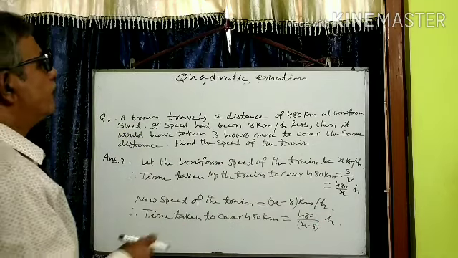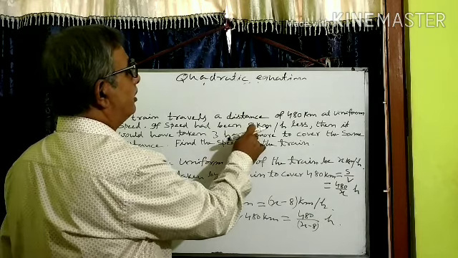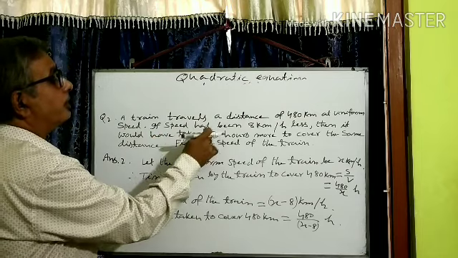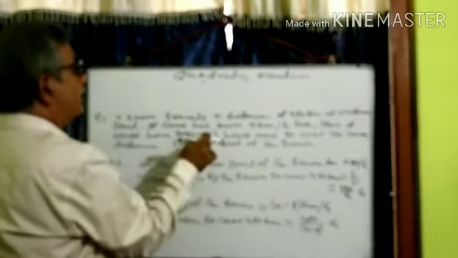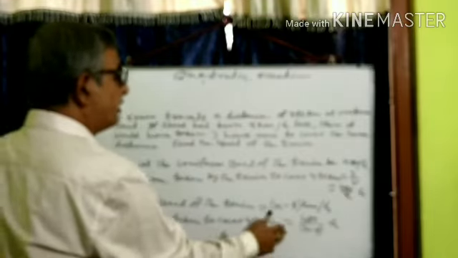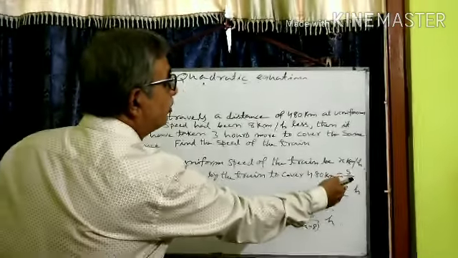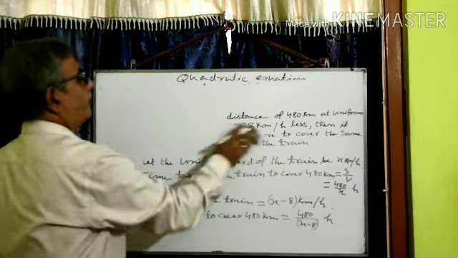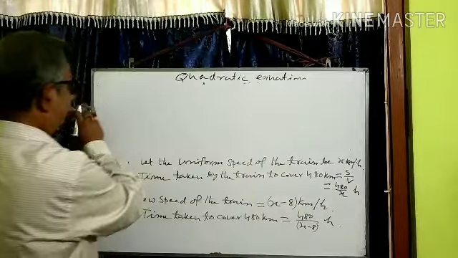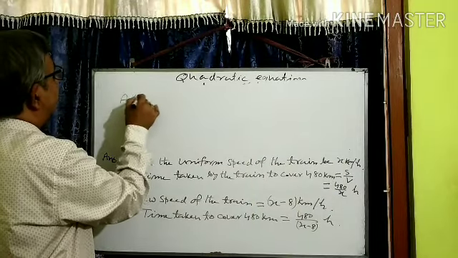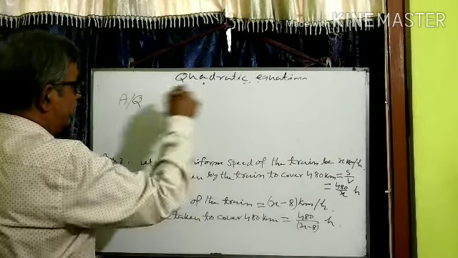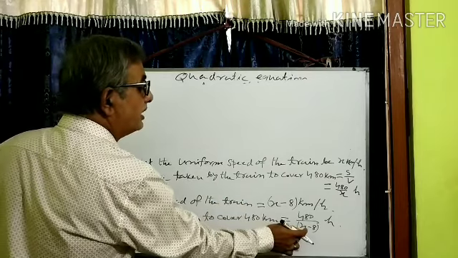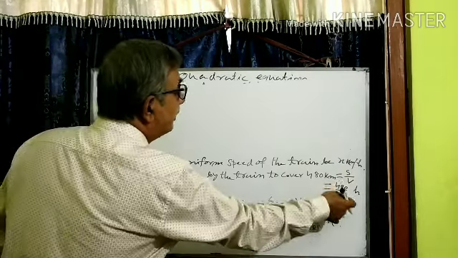According to the question, when the speed is reduced by 8 km per hour, the train will take 3 hours more. This time is 3 hours more than the previous time.